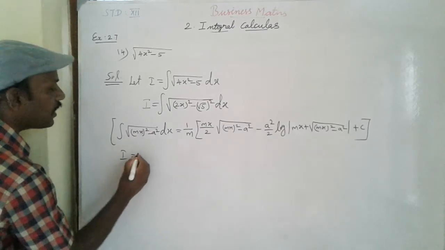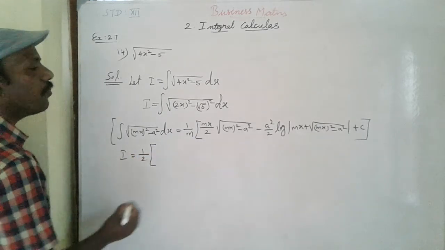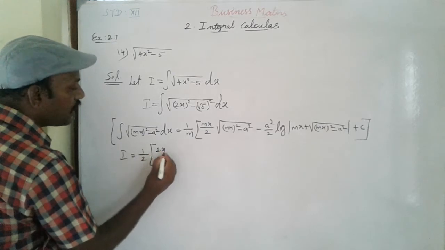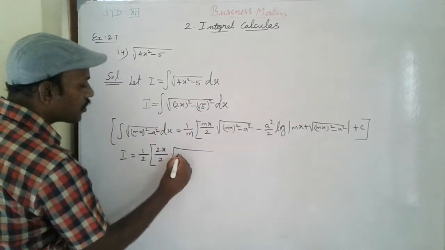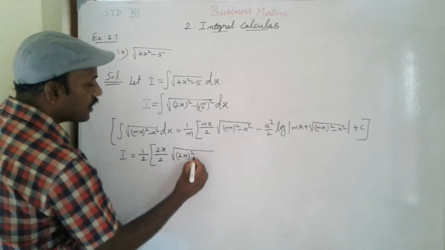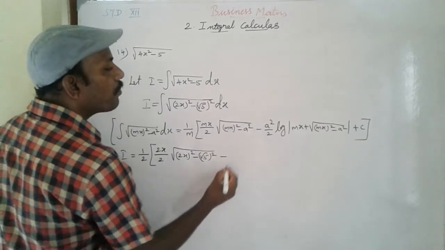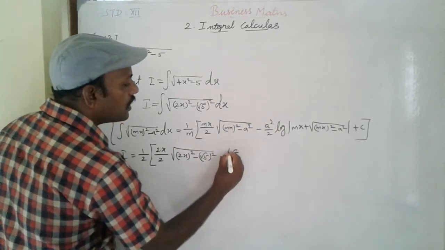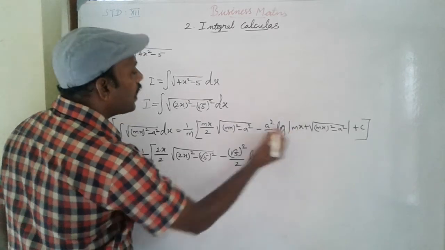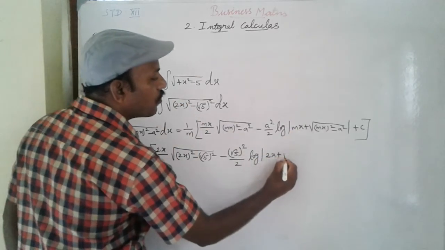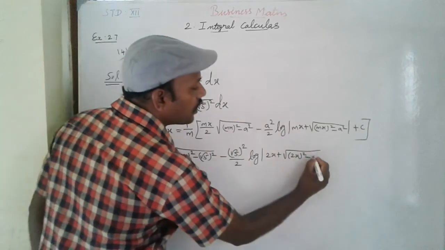I equal to 1 by m, m is 2, 1 divided by 2 into mx, mx is 2x, divided by 2 square root of mx whole square, 2x whole square, minus a square, root 5 whole square, minus a square divided by 2, root 5 whole square, divided by 2 log modulus of mx, 2x, plus root of 2x whole square minus a square, root 5 whole square.